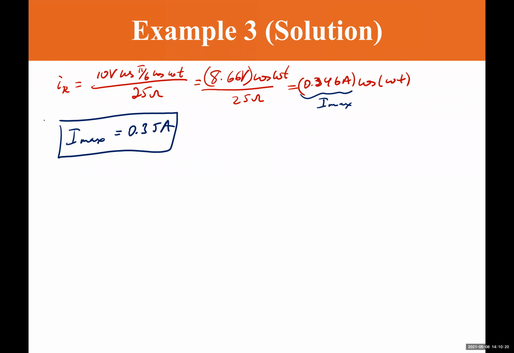Okay. So next, what we're going to do is use the phasor diagrams to do that. So for the phasor diagrams, this is part B. Remember, what we have here is using the voltage as a vector, right?